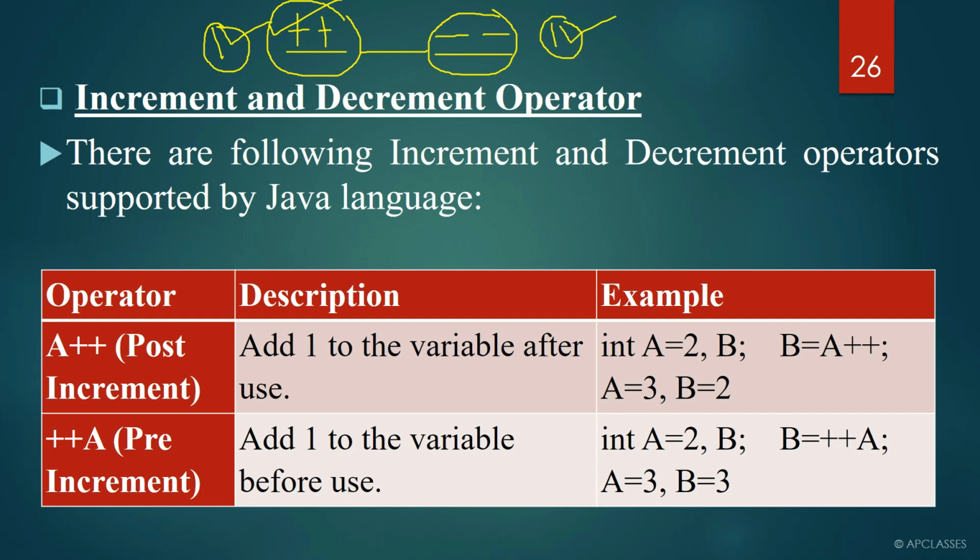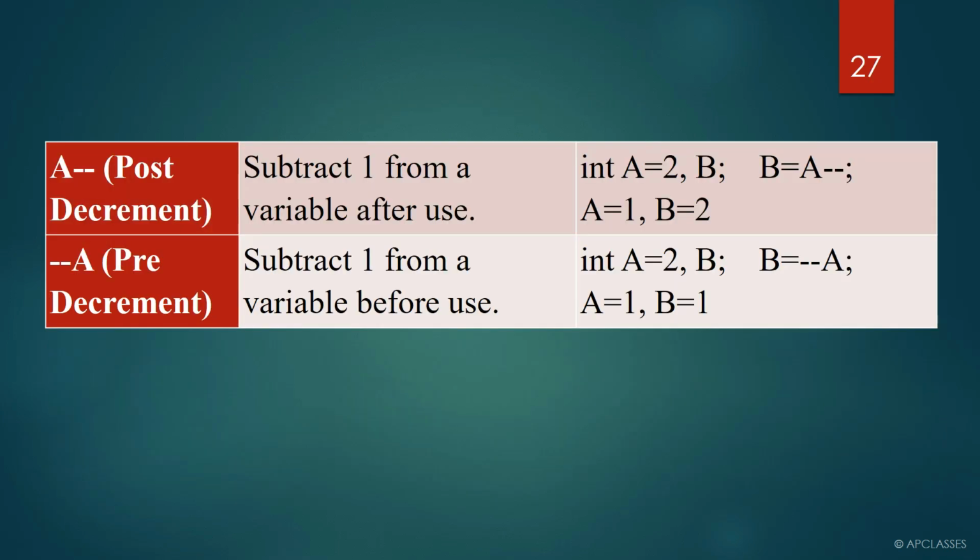We have two types of increment, one is called post increment and the other is pre increment. Similarly, we have two decrements, post decrement and pre decrement. In both cases we use the minus minus sign, but when minus minus is used after a variable or a value, it is called post decrement.